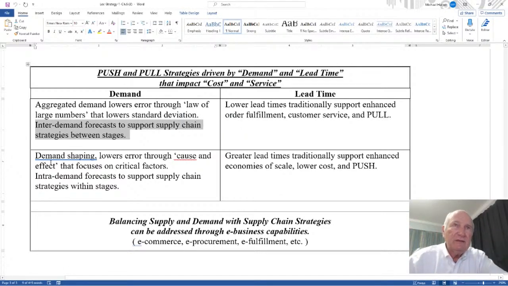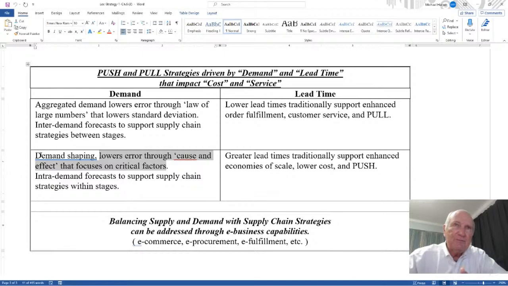On the other hand, demand shaping or conditioning. You can shape the demand, and we'll see later through, let's say, customer pricing and smart pricing, shaping your demand will lower the error through cause and effect that focuses on critical factors. So you can shape the demand through, as we saw last week, everyday low prices or different types of strategies downstream with realized demand or forecast demand.